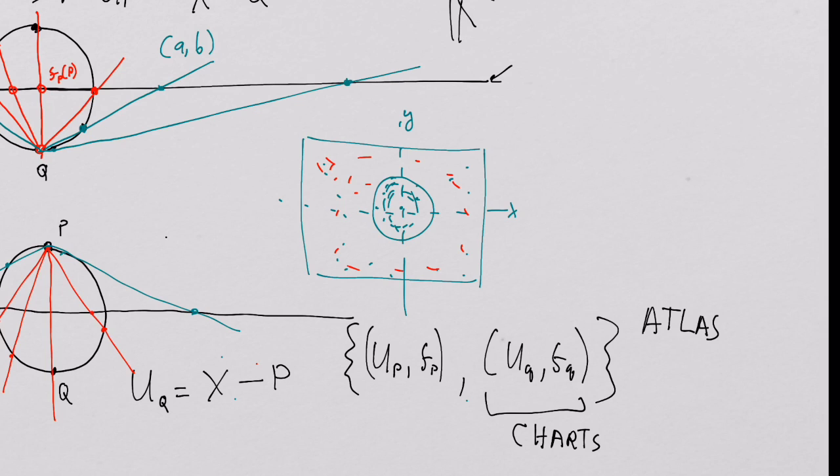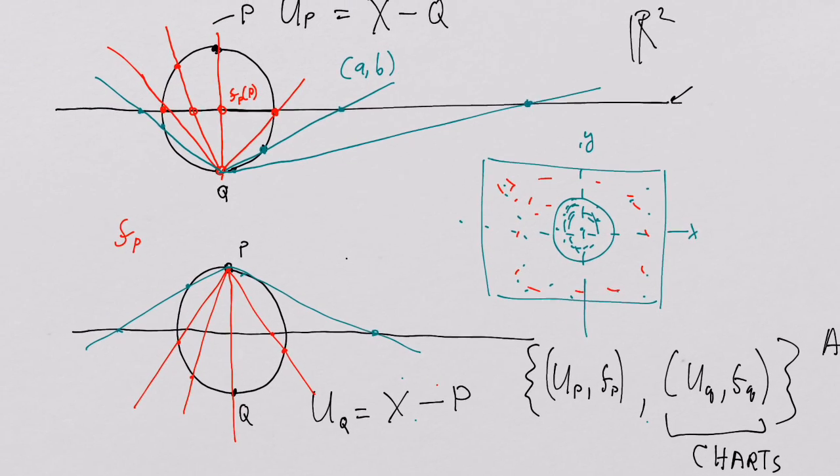You can understand why this is a chart. A chart is just a map of a region. And when you put a bunch of charts in a book, you get an atlas. So I guess that's how they decided to name it.